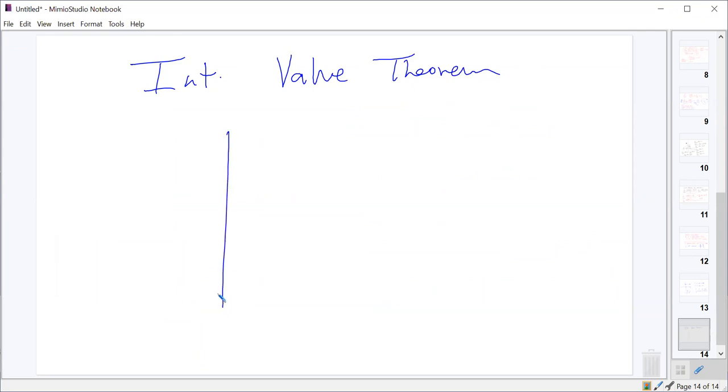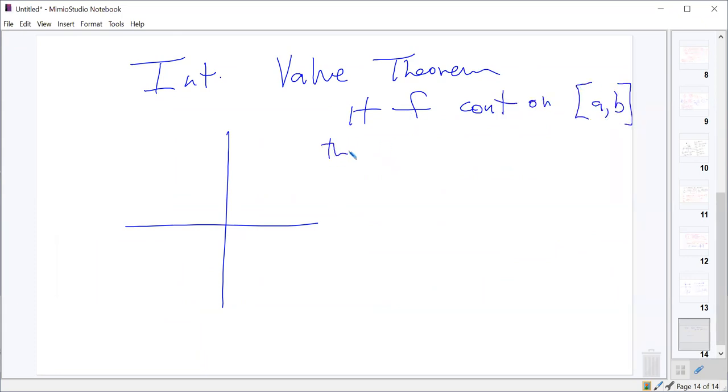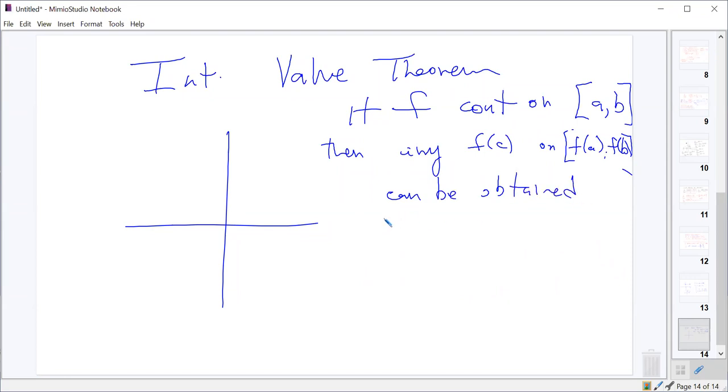The intermediate value theorem just says that if f is continuous on A to B, then any f of C on the interval from f of A to f of B can be obtained through some C on the interval from A to B.